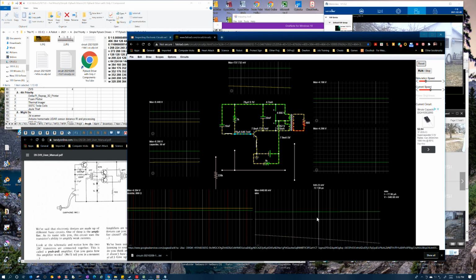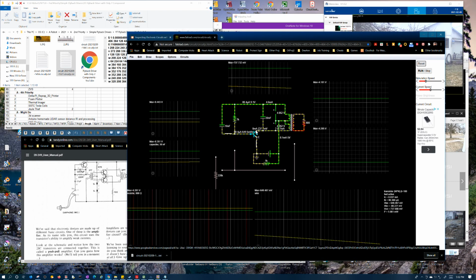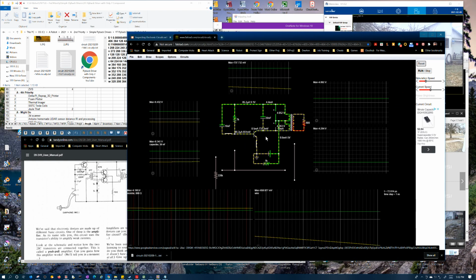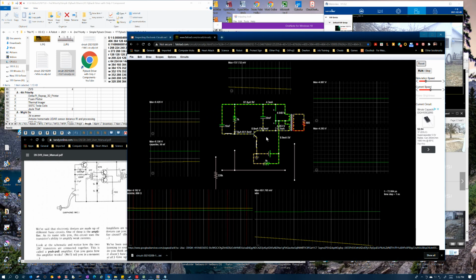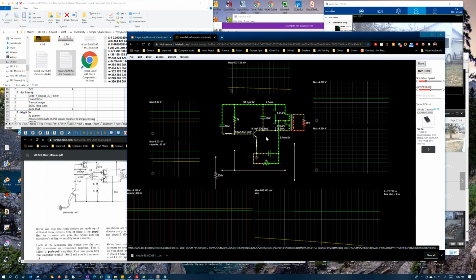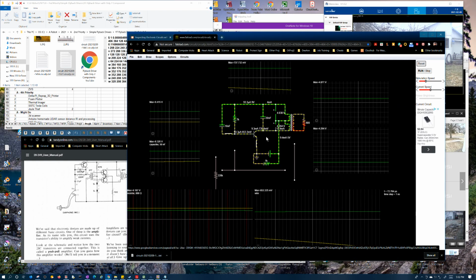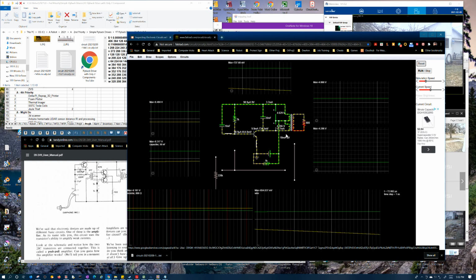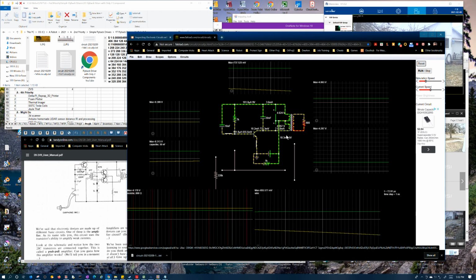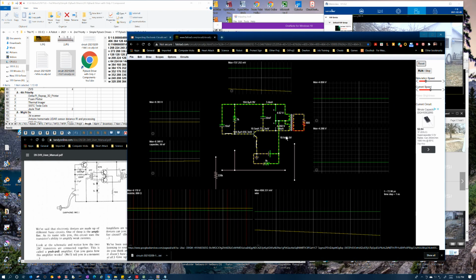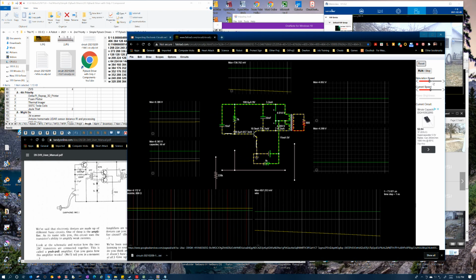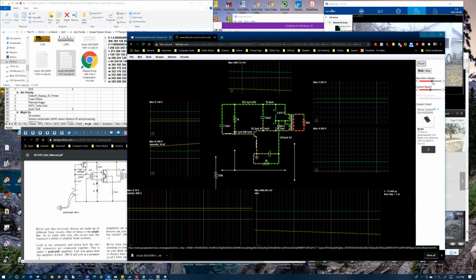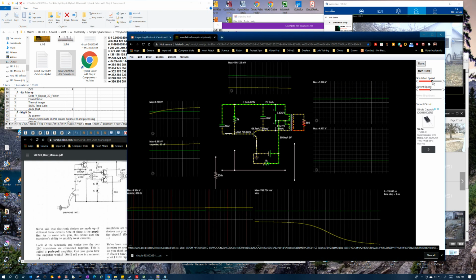All of a sudden it's in the process of turning back on, and starts to rise again. But again, I still think this is all part of its transient response. It's trying to figure out what it's doing.